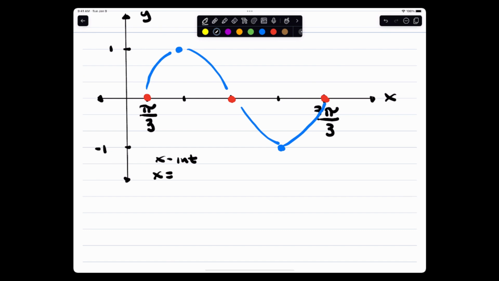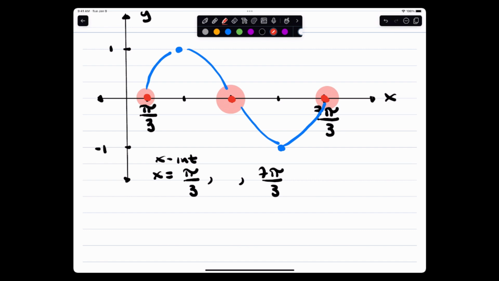Remember, we're asking you that question? Where's one x-intercept? At x is what? Pi over 3. Where's another x-intercept? At x is what? 7 pi over 3. Here, here. Where else? There. I'm missing an x-intercept value. Do you guys know what I'm saying?